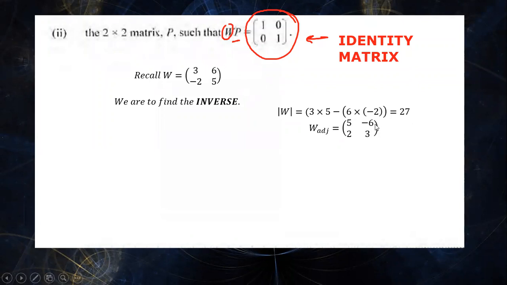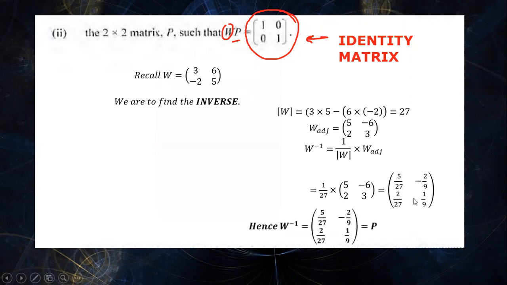So 6 becomes negative 6 and negative 2 becomes 2. Next, the inverse of W is going to be 1 over the determinant multiplied by the adjoint, which gives me 1 over 27 multiplied by all of this, which gives me this answer here. So this is going to be the inverse of W, which is equal to P. Any questions there?